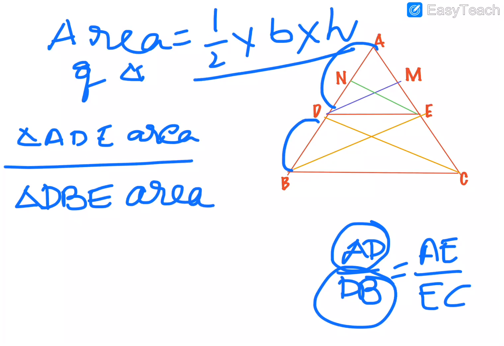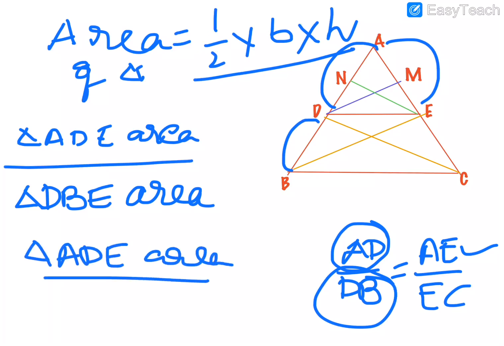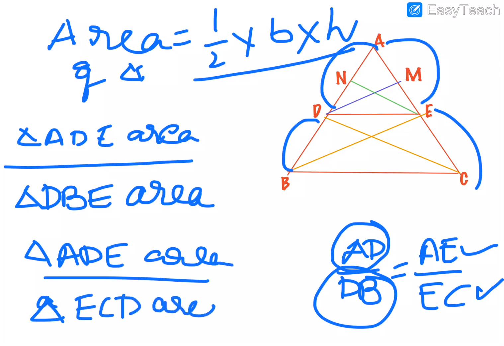So this ratio we are going to consider, and for this side, let's take a triangle which has AE as base. So triangle ADE area by, again consider a triangle which has EC as base, that is ECD, triangle ECD area. So these are four areas that we are going to find out, and in these four we are going to get all these four ratios.